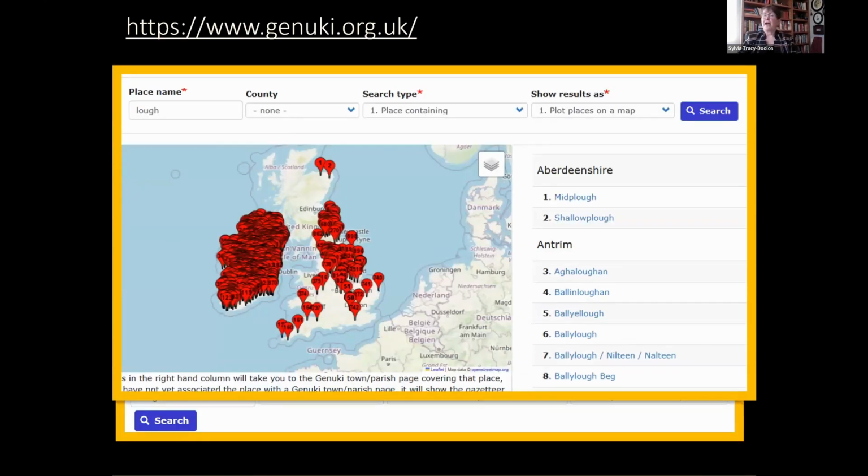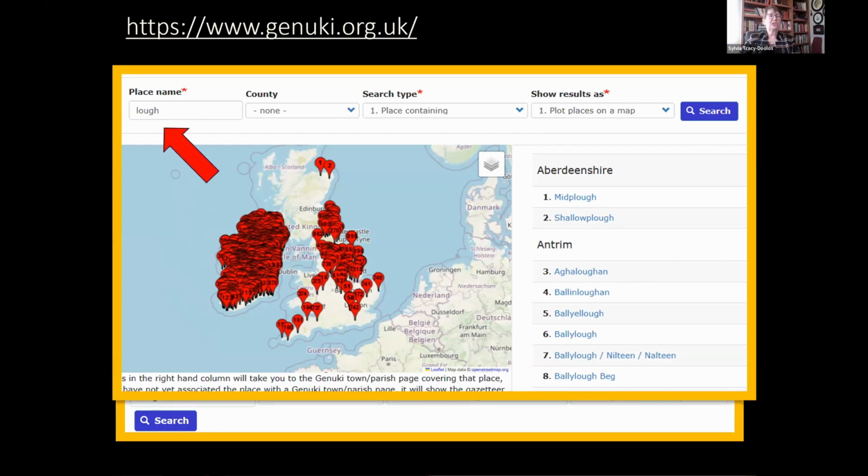So it's going to give me every single place within the Genuki site that contains that name. I wouldn't advise doing this yourself. Narrow it down by county or put a place name in that you have found somewhere just to see more specifically where that is. You still will probably find it in multiple places, but you won't find it in all these places like this search did.